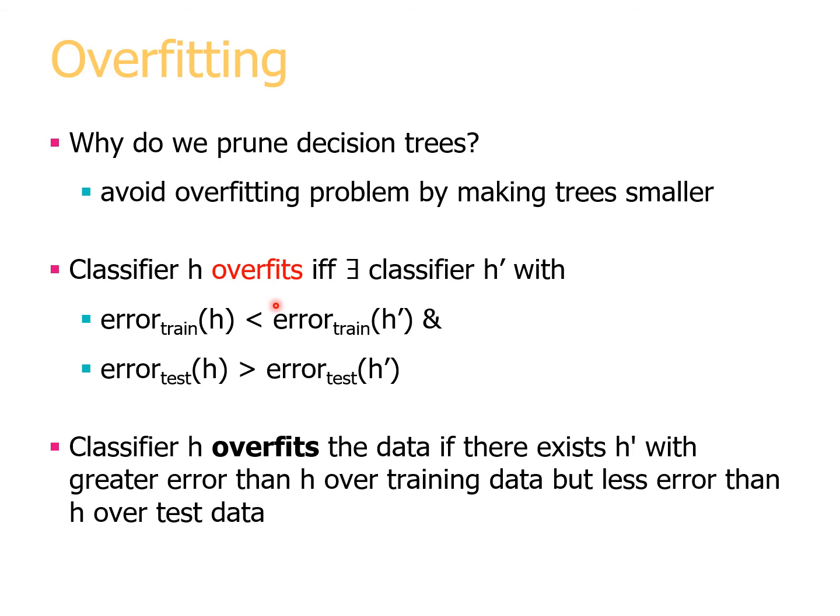So in this case, we say classifier H overfits the data. That's the definition of overfitting. We say classifier H overfits the data if there exists another classifier H prime with greater error on training data, but less error over test data.